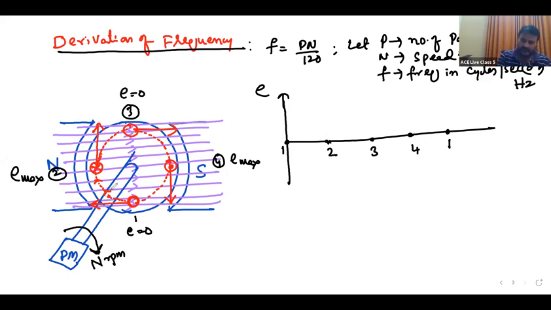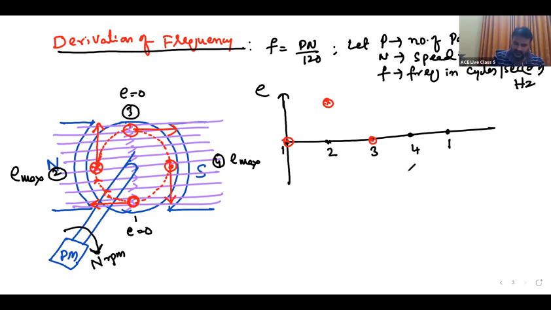At instant 1, the induced EMF is 0. After 90 degrees, at instant 2, the induced EMF is maximum. At instant 3, again the EMF is 0 because the conductor is moving parallel.